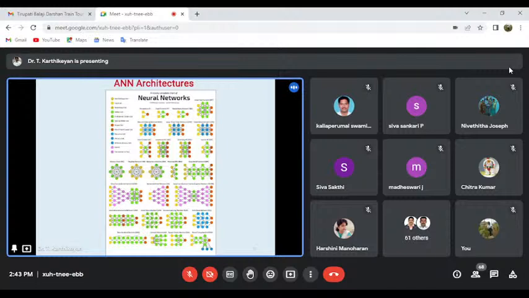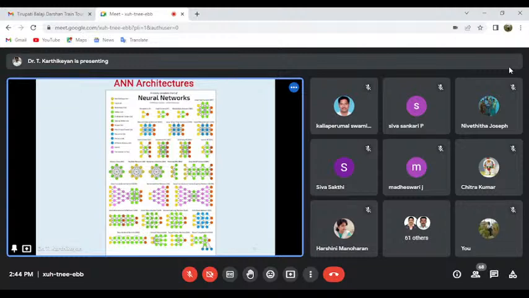The diagram shows several artificial neural network architectures. They were developed over a period of time and are in practice today. These algorithms are already developed. It took a lot of years and a lot of scientists contributed to make these artificial neural network algorithms.